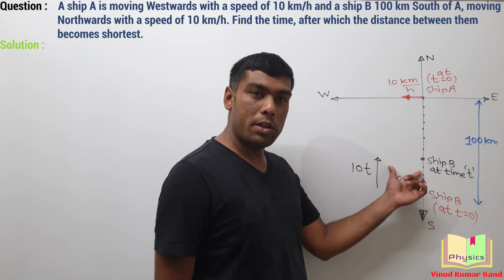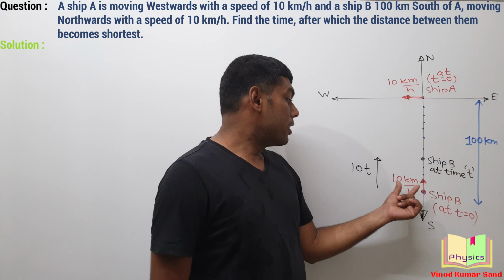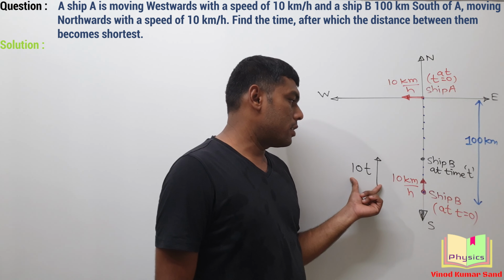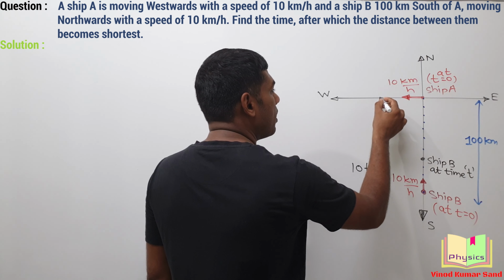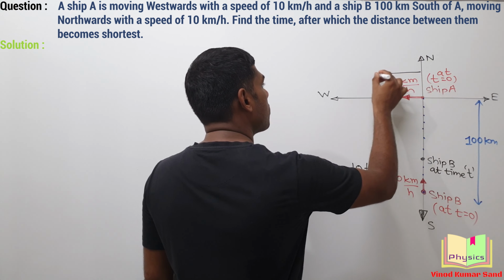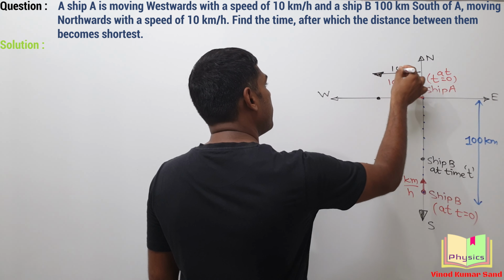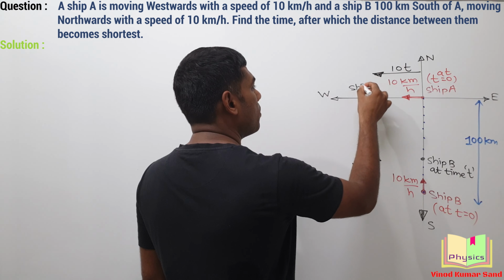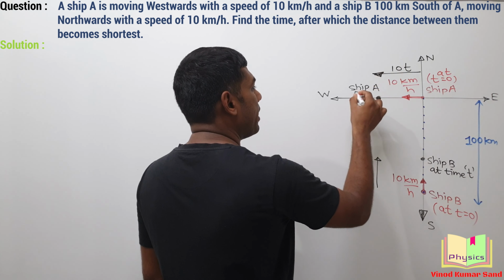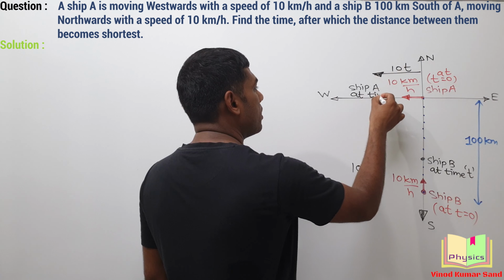Speed is 10 km per hour, time we are taking in hours, so speed into time is the distance traveled by ship B. In that much time t, ship A will also travel the distance 10t, speed into time. And this is the position of ship A at time t. Agree?